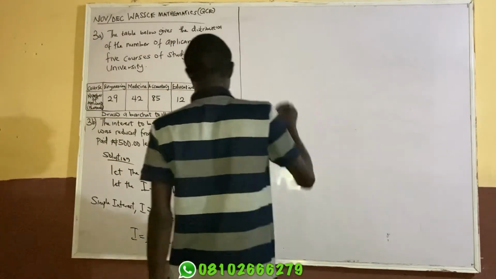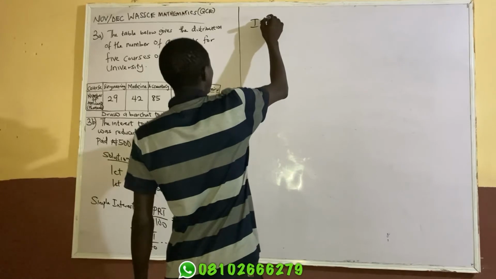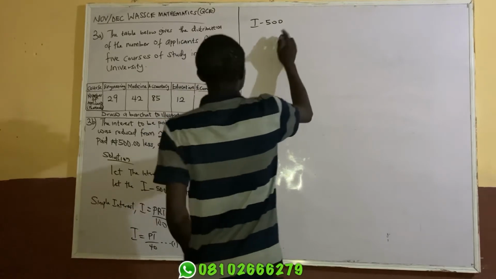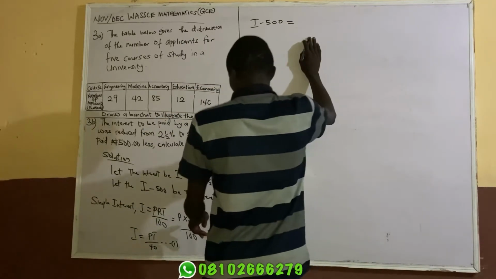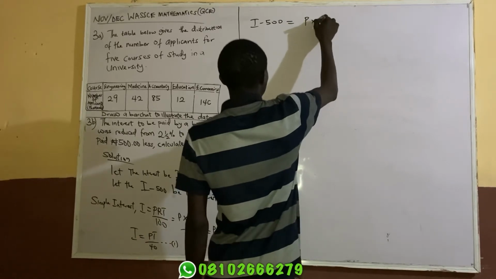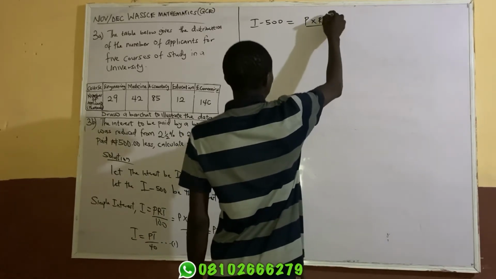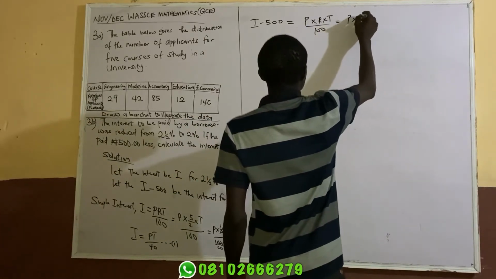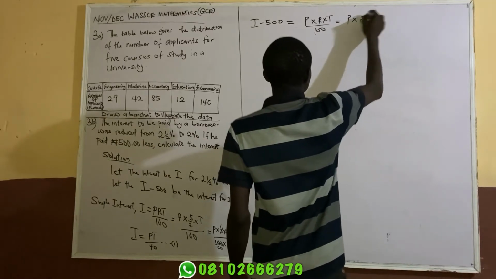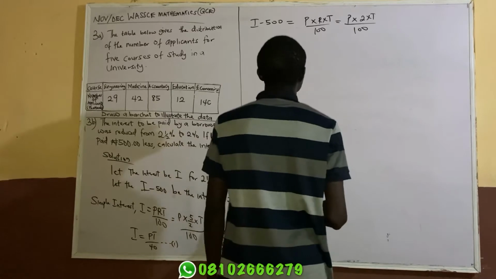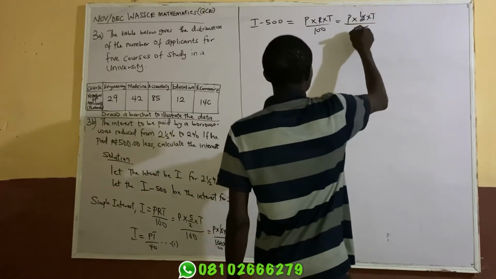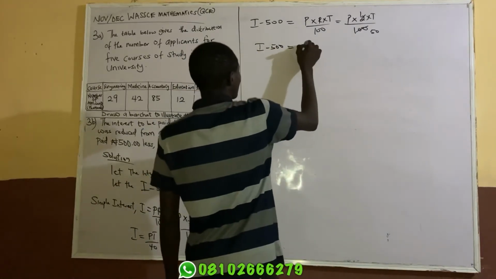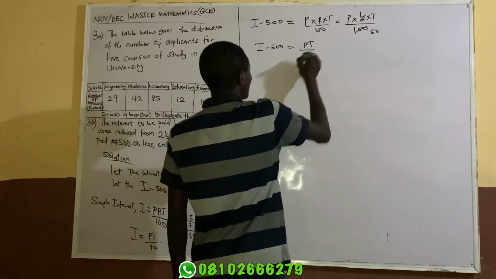Now I minus 500 will be equal to P times 2 over 100 times T, that is 2 over 100, which is 1 over 50.